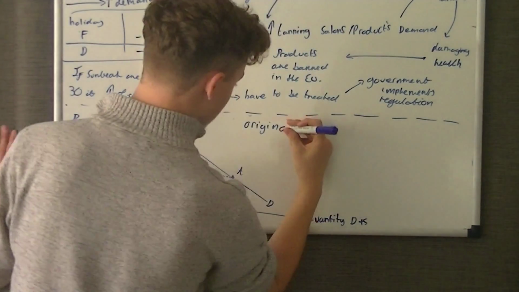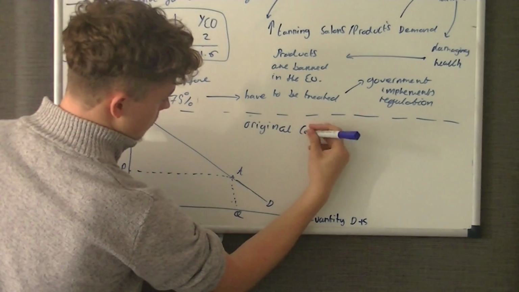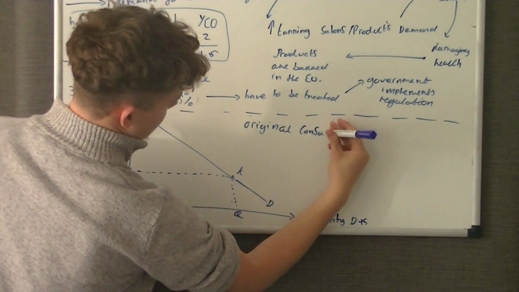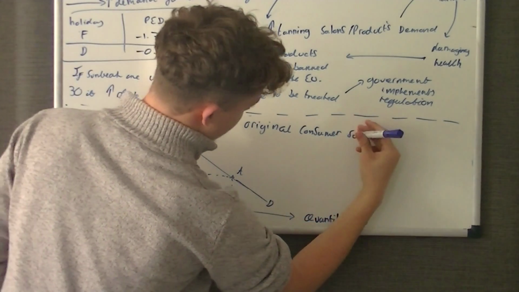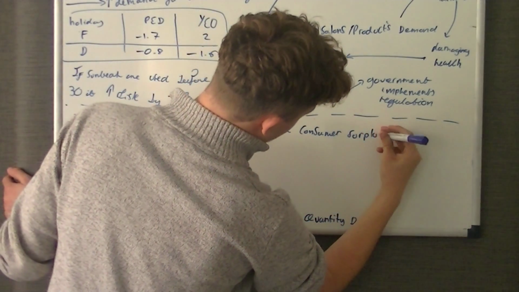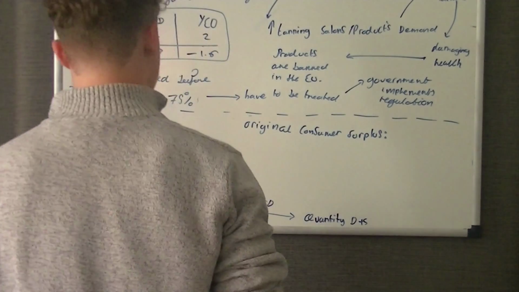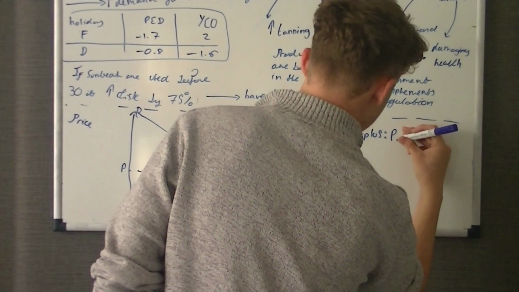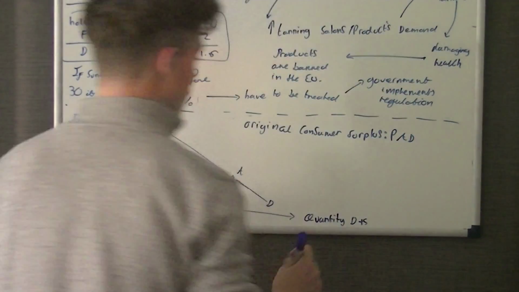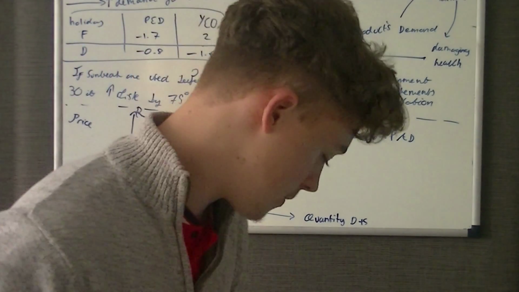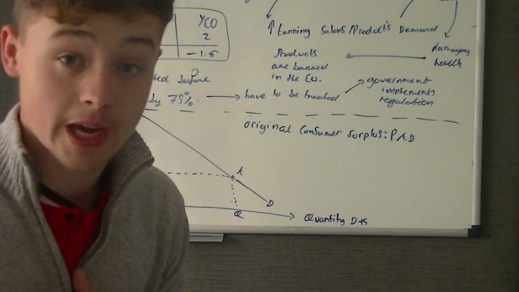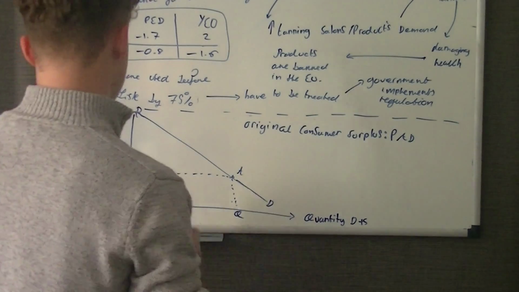So I'll just put original consumer surplus. We put the bracket, and that's PDA or PAD, which doesn't really matter what you label it as long as you specify the correct labels that you've drawn down and related it to the right diagram.